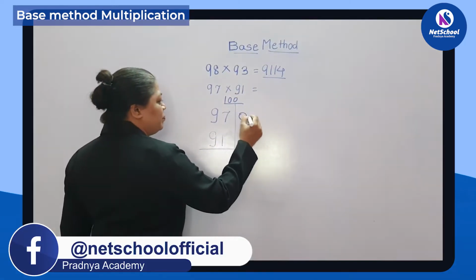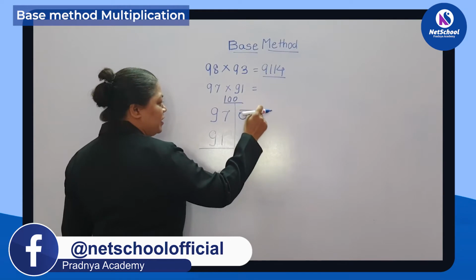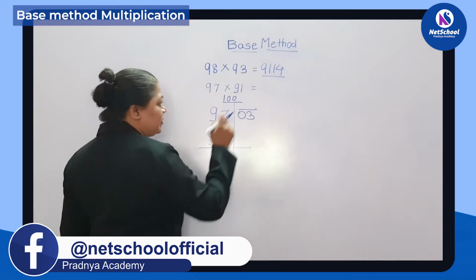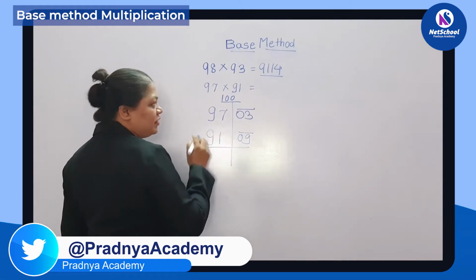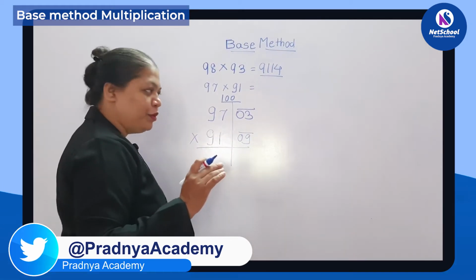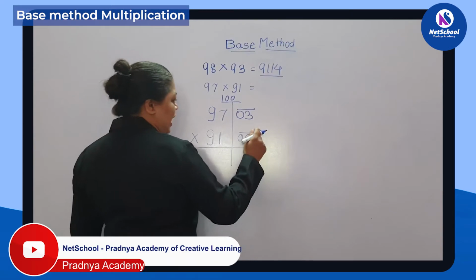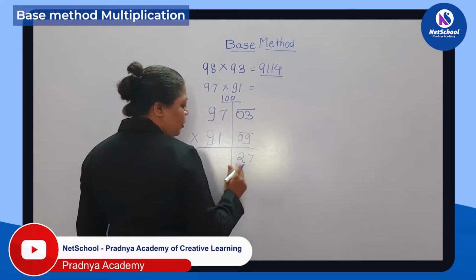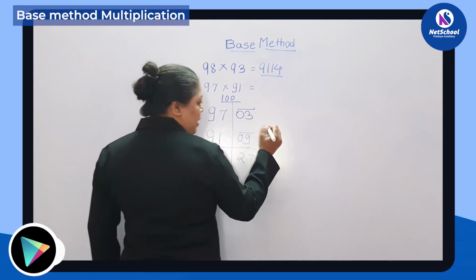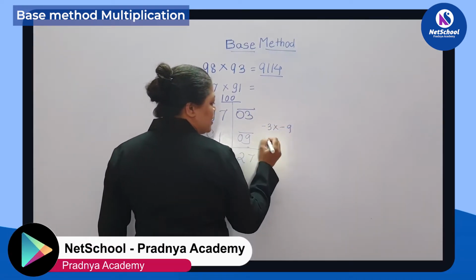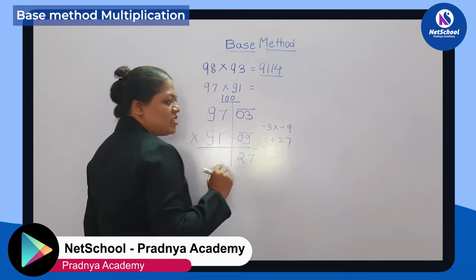So here I will write bar 3, 100 minus 3 is equal to 97, and 100 minus 9 is equal to 91. Isn't it beautiful? So 9 3s are 27. I got 2 digits here. It is minus 3 into minus 9 is equal to plus 27.